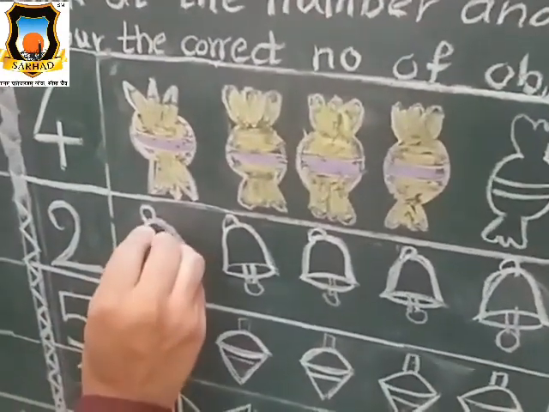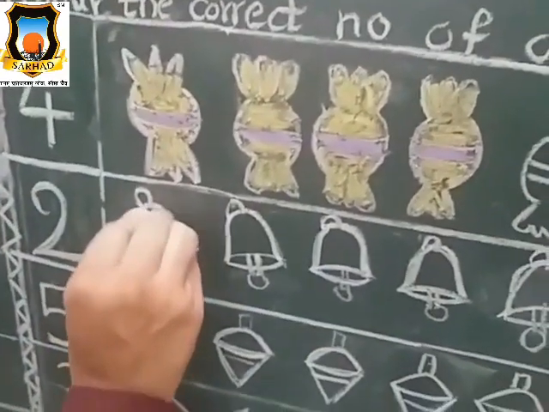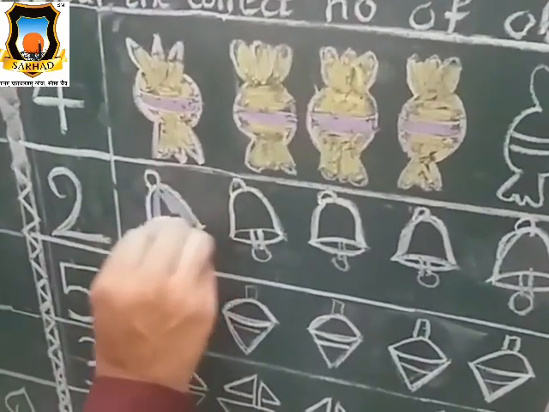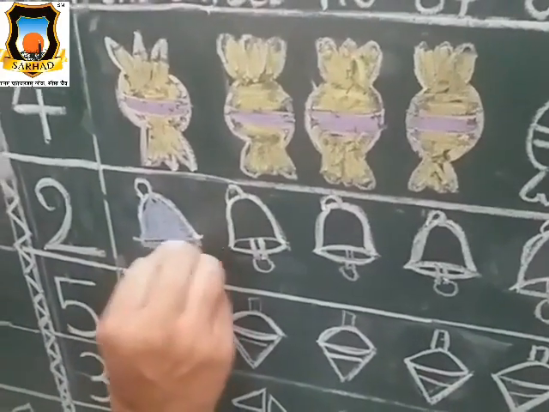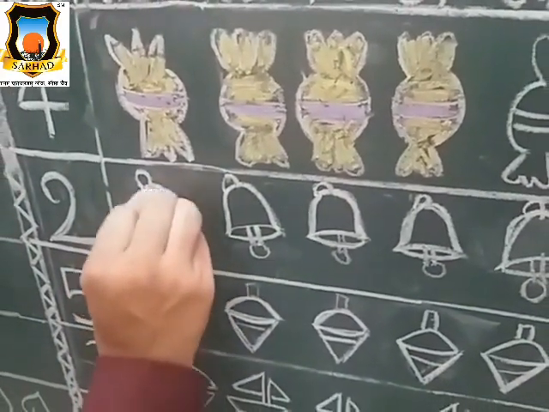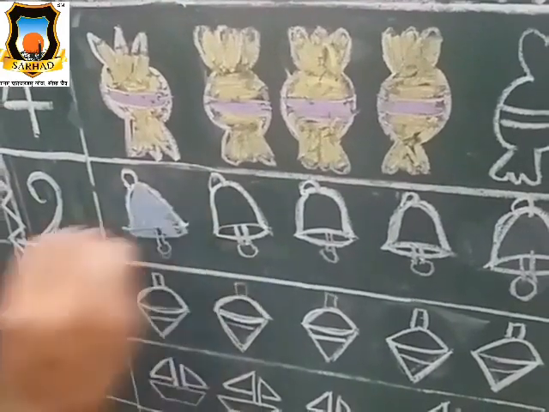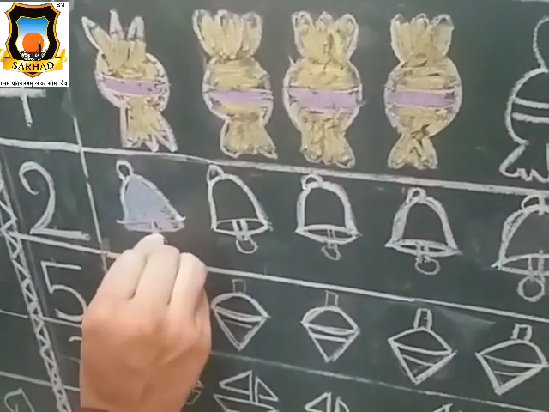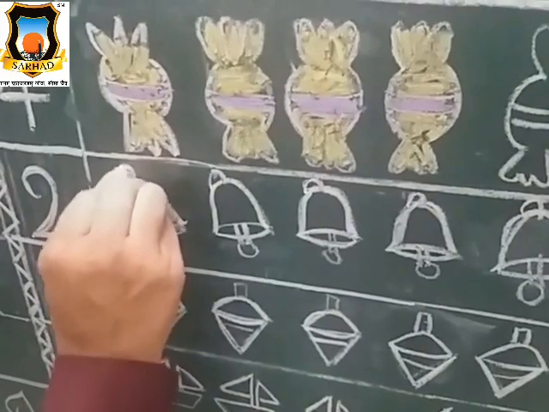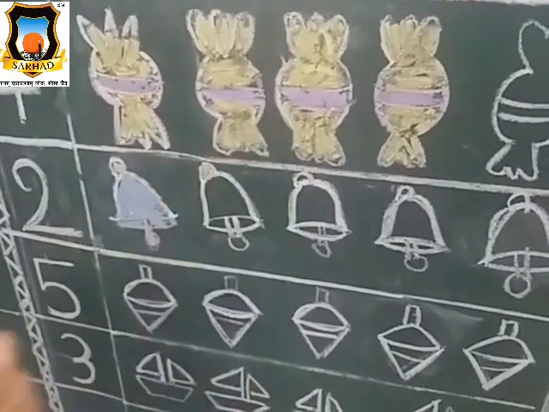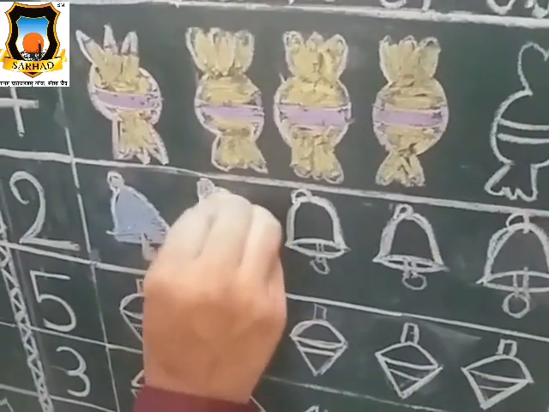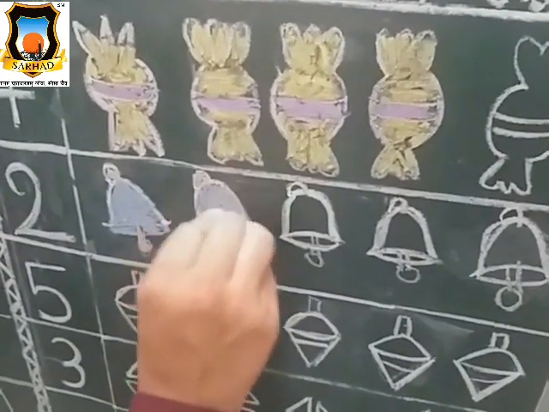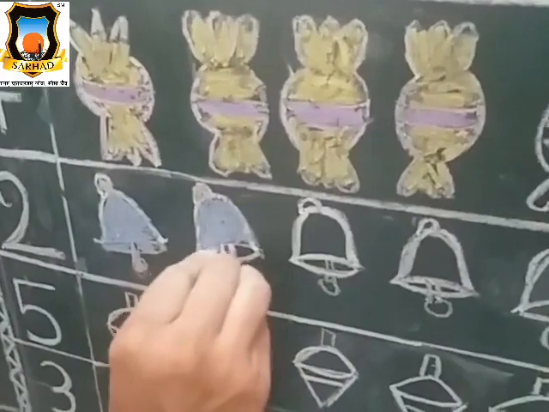So I'm going to color these bells with blue color. One, and this one is 2. You have to color nicely, slowly slowly. Okay.